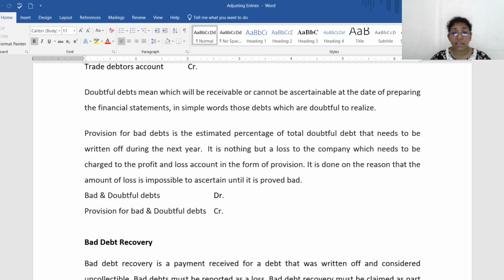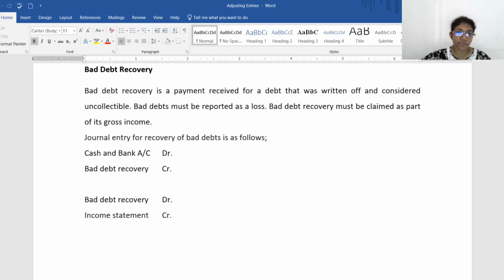Now let's see bad debt recovery. Bad debt recovery is the payment received for debt that was written off and considered uncollectible. Bad debt must be reported as a loss, and bad debt recovery must be claimed as a part of gross income.